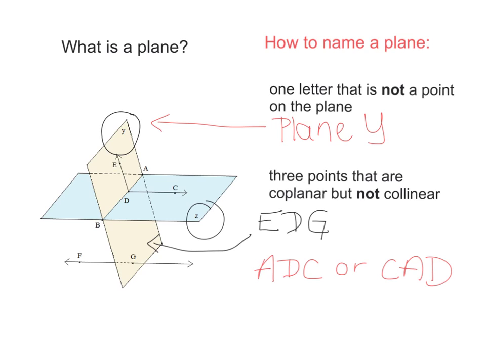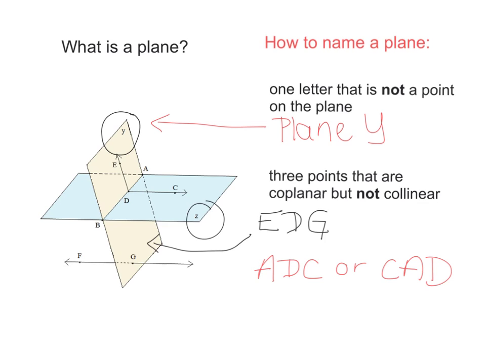All right, so we said ADC or CAD, and if we look again, points A and D, they are collinear to each other. That's okay. But what's important is that all 3 points are not collinear. So it's okay that the points A and D we chose are collinear, but it's important that C isn't. Now I could have also named this plane CAB or CDB.